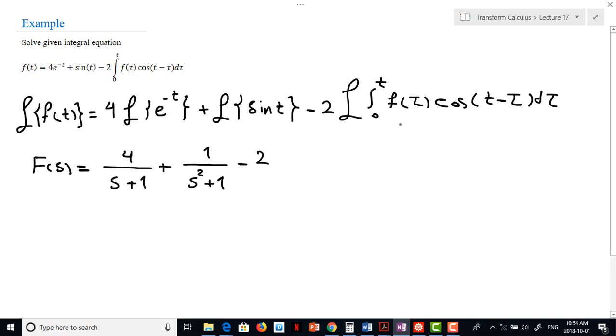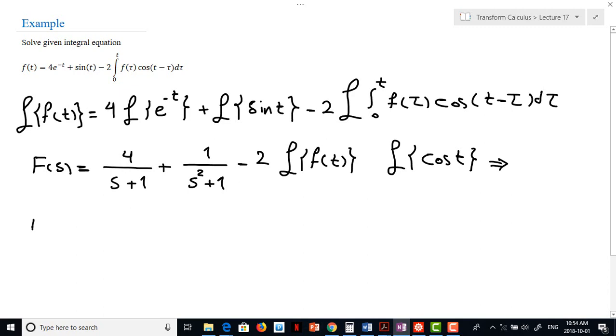So here you can see we have a convolution integral. You know, the Laplace transform of convolution integral is Laplace transform of first function, which is f(t), times Laplace transform of second function, which is cosine t. So you have Laplace transform of convolution in the formula sheet as a result.